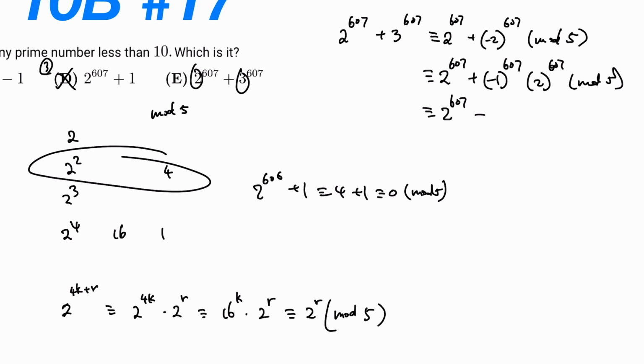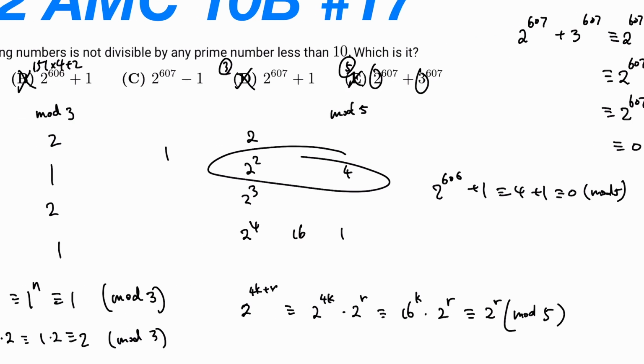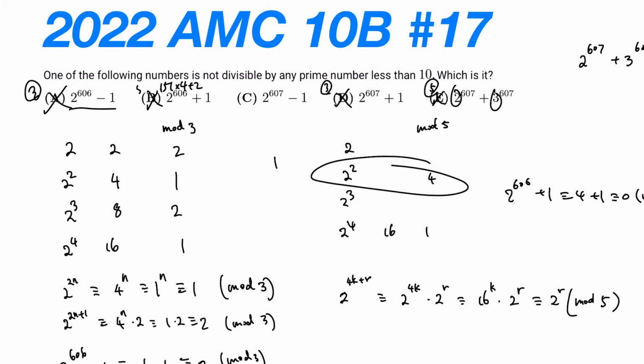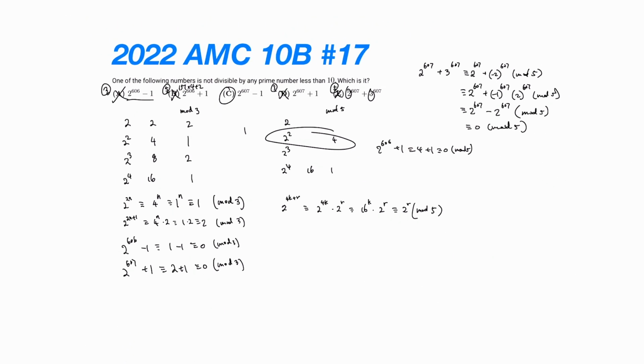That's just going to be -1 minus 2 to that, which is 0 mod 5, which hints us that this number is also divisible by 5. Forgot to write here, this number is divisible by 5. So the only number that it could possibly be is going to be answer choice C. And that will be our answer for this problem.